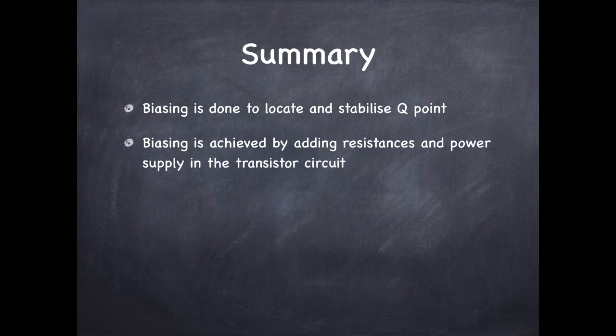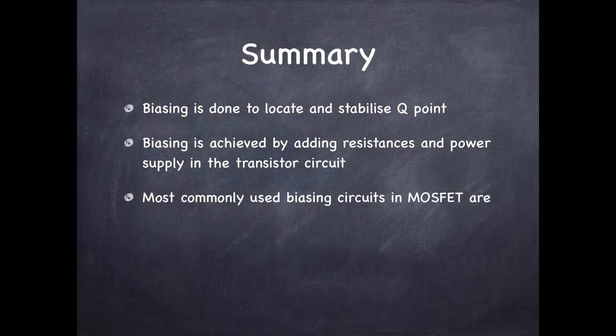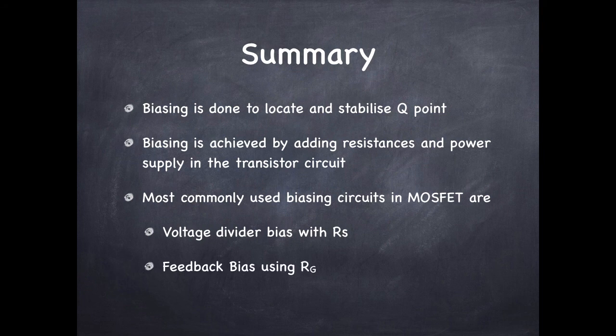For biasing, we use resistors and a power supply in the transistor circuit. Most commonly used biasing circuits in MOSFET are voltage divider biasing and feedback biasing. In voltage divider biasing, we use RS as the bias resistor, and in feedback biasing, we use RG for feedback. Thereby, we achieve the required Q point value.